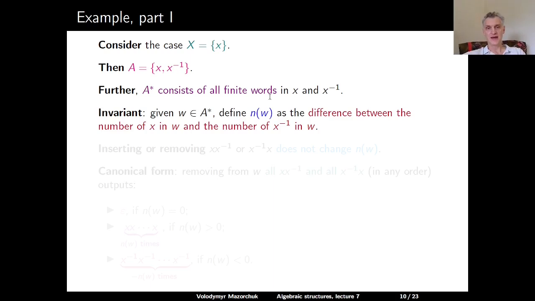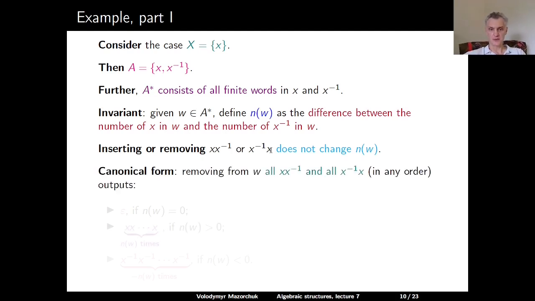Let us denote by n of W, where W is a word, the difference between the number of x's which appear in W and the number of x inverses which appear in W. Note that inserting or removing x x inverse or x inverse x doesn't change this n of W, so it's an invariant of an equivalence class.